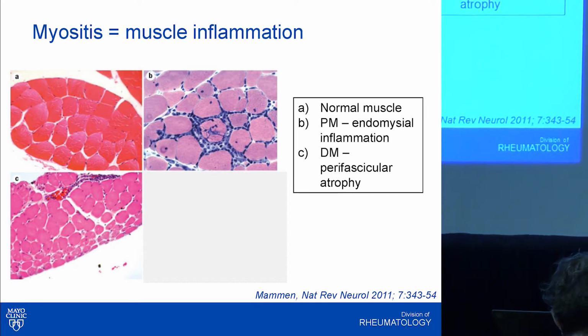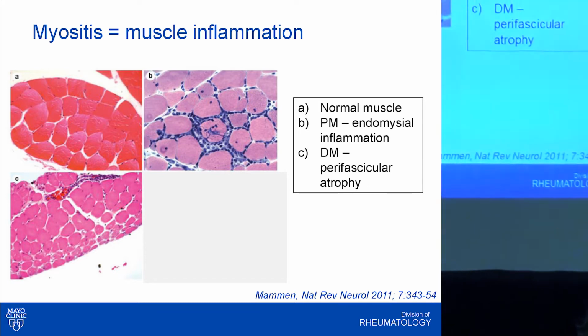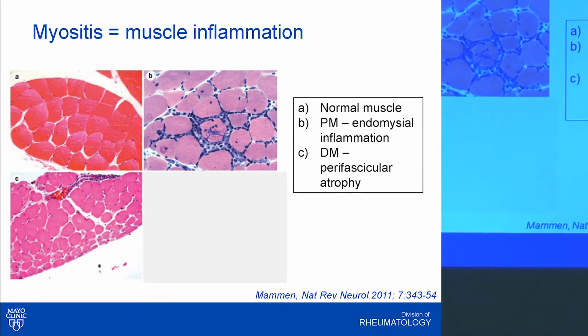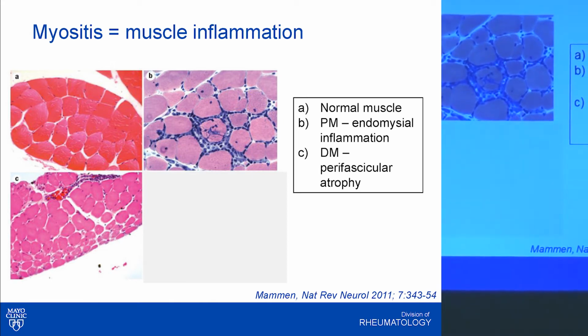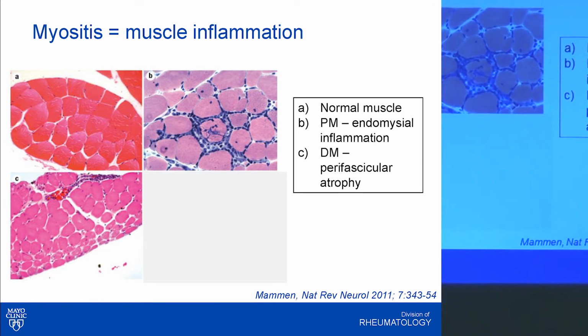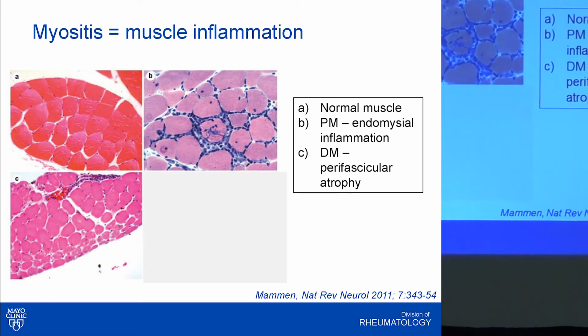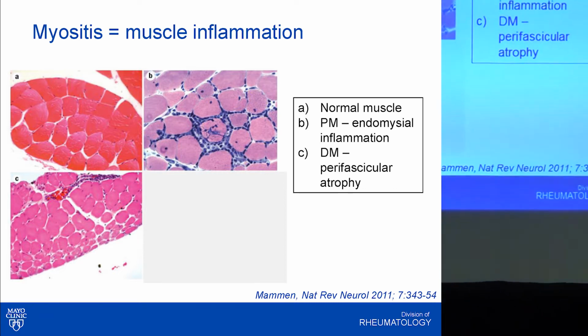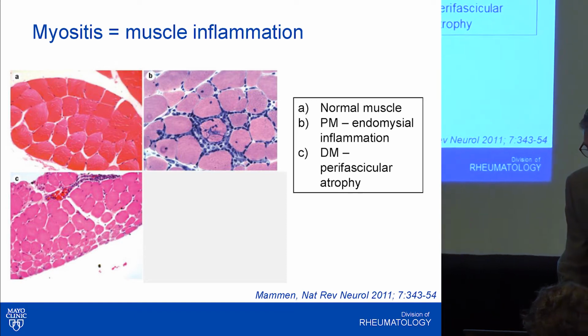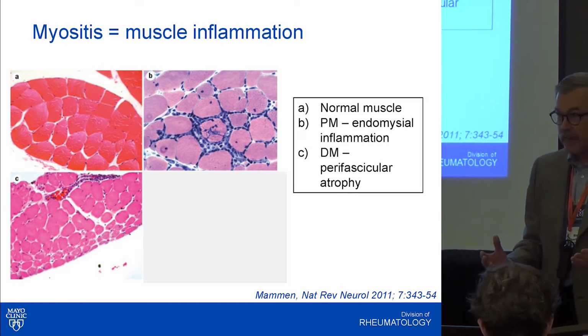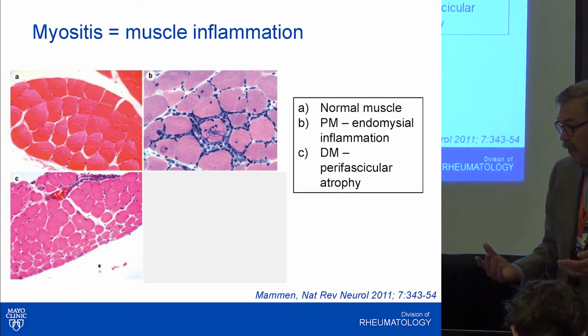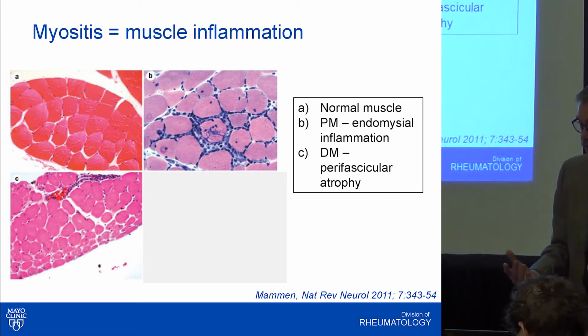The inflammation is outside of the fascicles, and that's where the blood vessels are. So the inflammation is in a different place in dermatomyositis than it is in polymyositis and inclusion body myositis. They both have inflammation. They both are myositis, muscle inflammation, but the inflammation is in different places, and that gives the clue that these are different diseases.